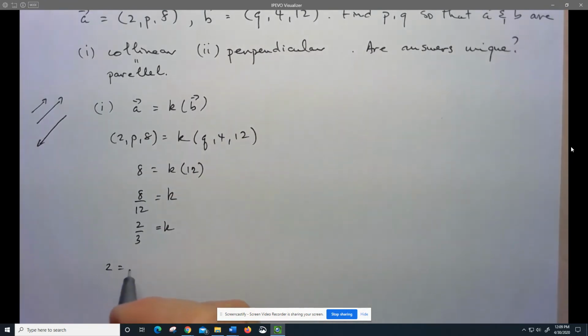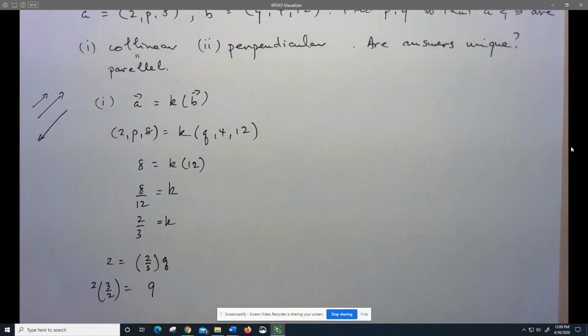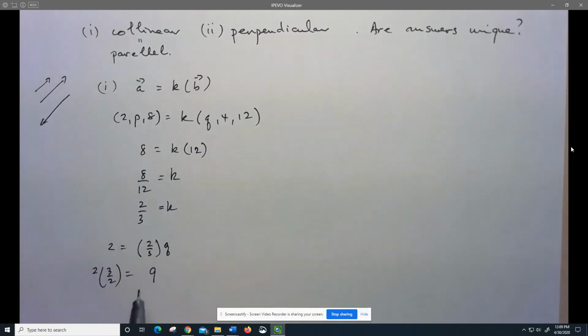We have 2 would have to be equal to K times Q, so 2/3 times Q. And so Q is just going to be equal to, we'll multiply both sides by 3 over 2, so 2 times 3 over 2, the reciprocal. So here we just end up with Q being equal to 3.